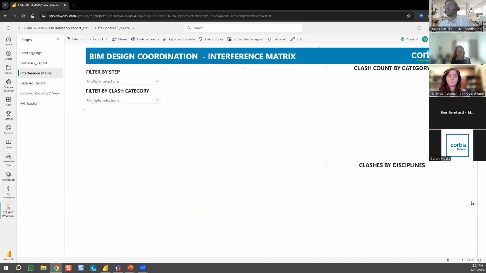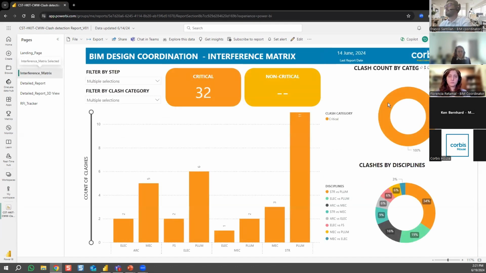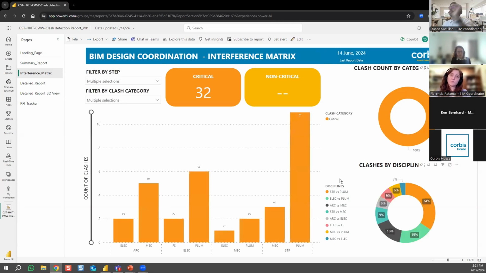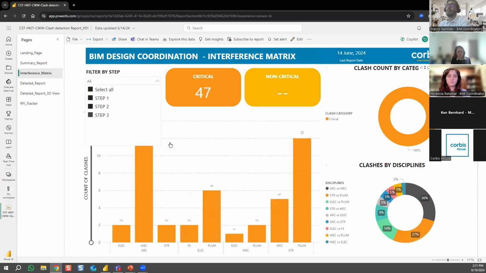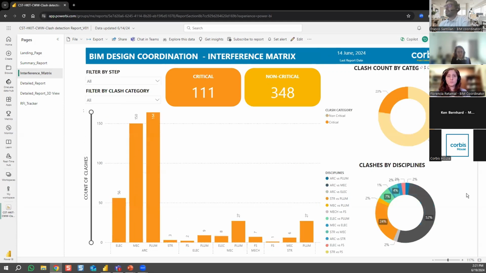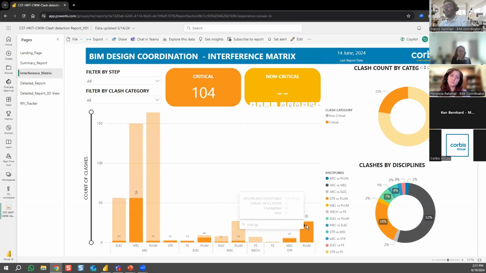In the second monitor, sorry for the delay. In the second monitor, you can see the internal number of clashes after filtering. I can use different methodologies to filter the information. We can isolate that total number of clashes to take a look at which disciplines are more uncoordinated.